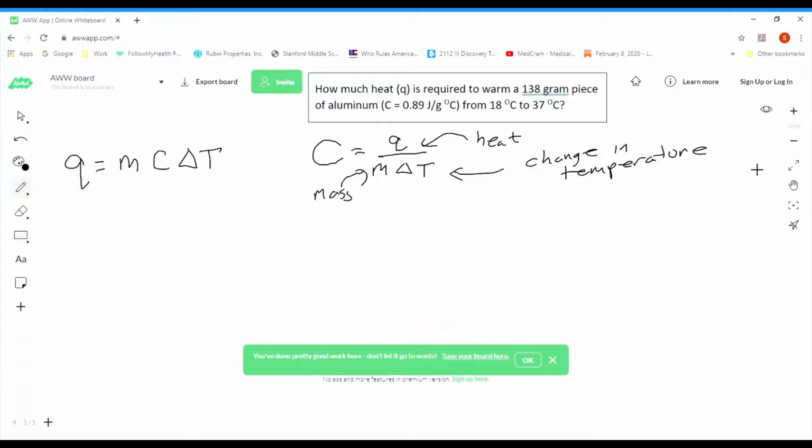Really, delta T is just equal to the final temperature minus the initial temperature.